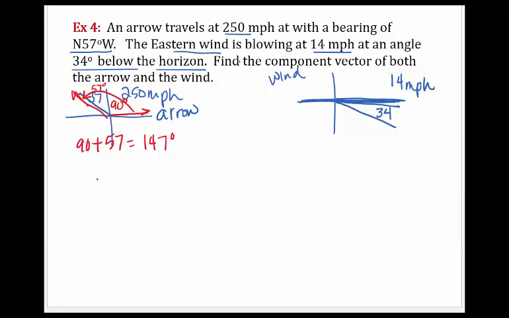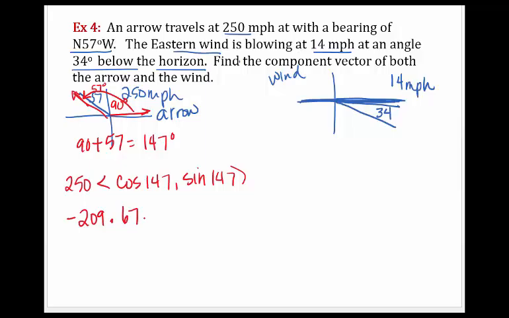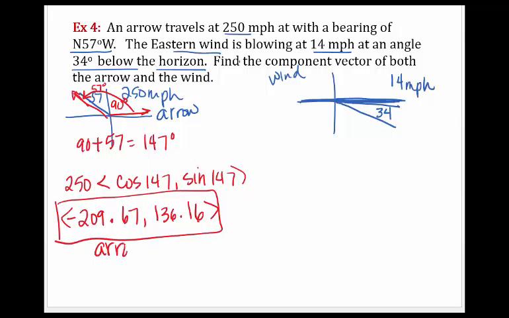So to find my component form, I take my magnitude and I multiply it by the cosine of 147 and the sine of 147, and we'll compute that. I get negative 209.67 and then 136.16. So that's my answer for the arrow. This problem has two answers because it's asking for arrow and the wind.